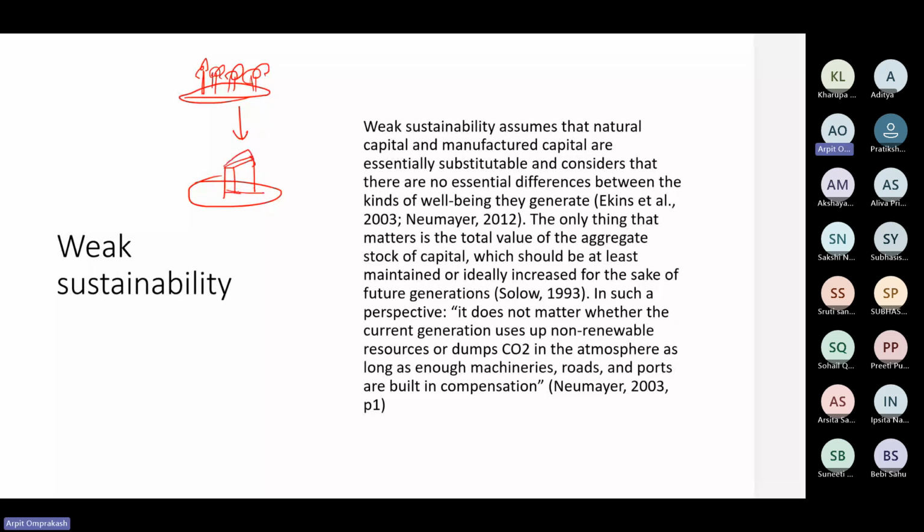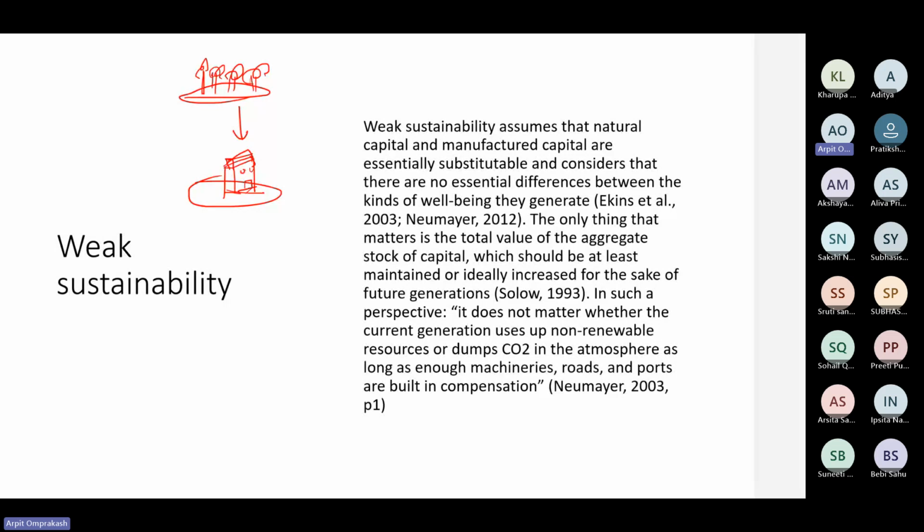So according to weak sustainability, both of these things are considered substitutable. You can cut this forest and place a house, and there are no differences between the well-being that they generate or the effect that they have.